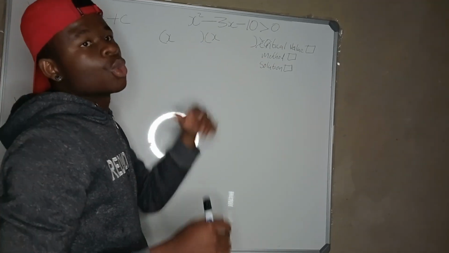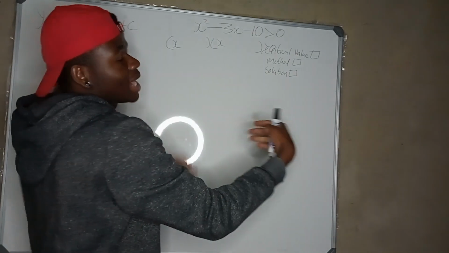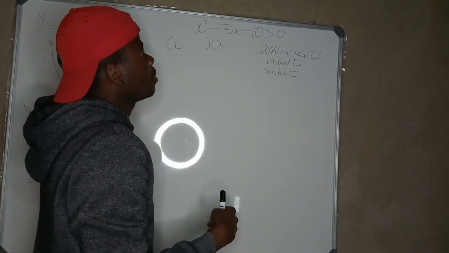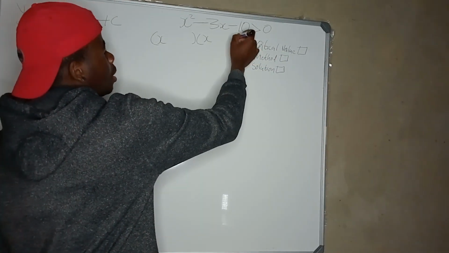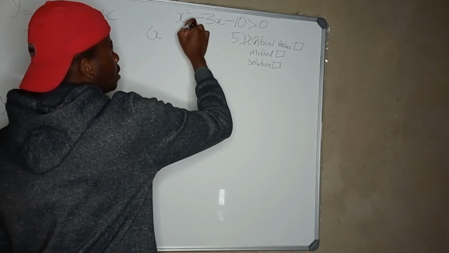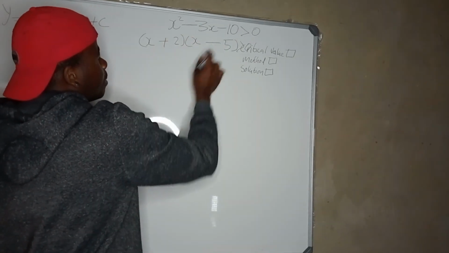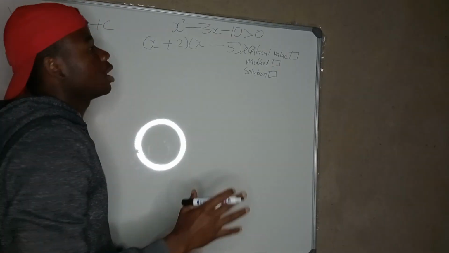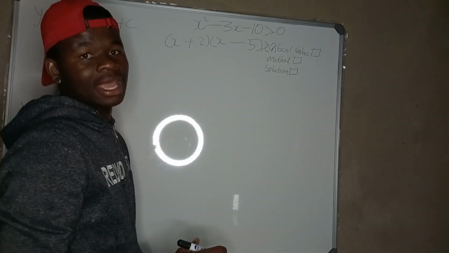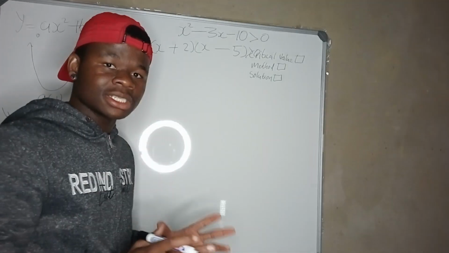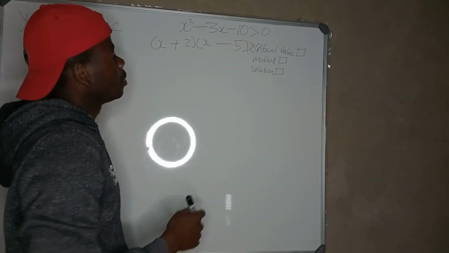Which numbers, when I multiply them, give me negative 10, and when I add them, give me minus 3x? It is going to be 5 and 2, plus and then minus. I've heard that the bigger number gets the middle sign, but if you practice these things, you might know how to juggle around it.